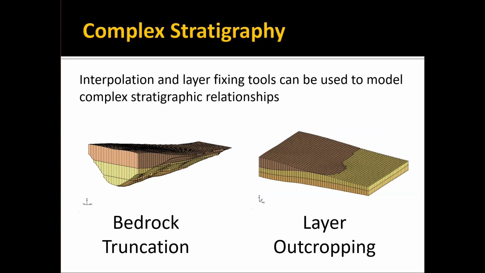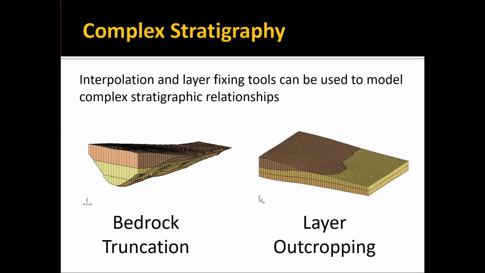Once you do that, you can actually use it to model some fairly interesting things. The one on the left we refer to as bedrock truncation. This would be a case where you had some alluvial fill, some relatively horizontal layering inside a kind of channel-shaped bedrock or a valley.